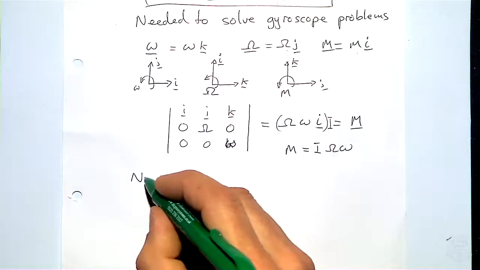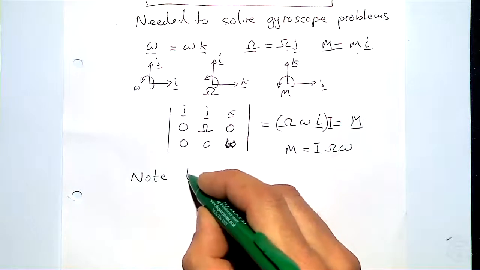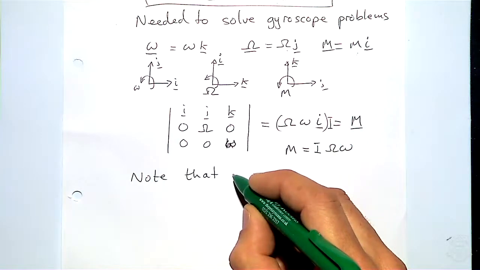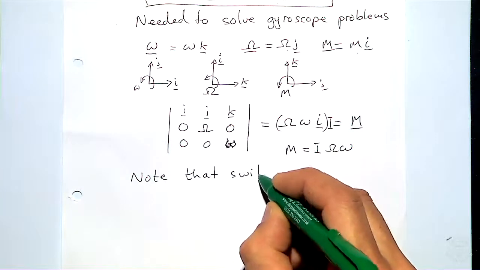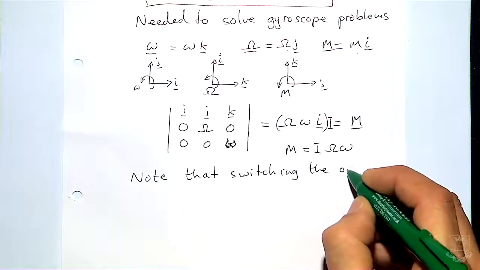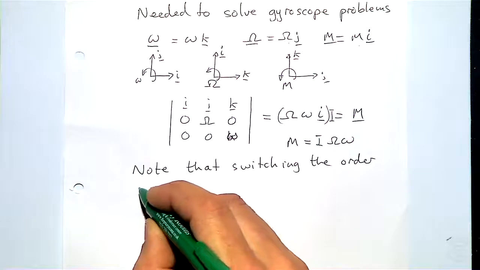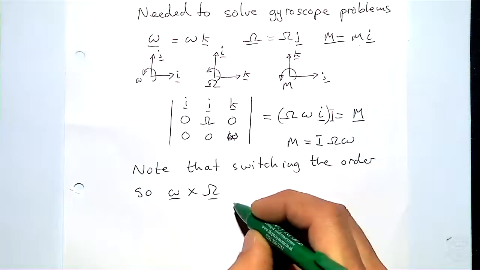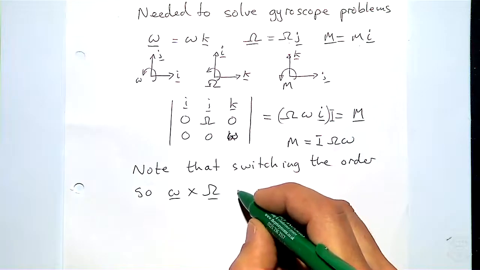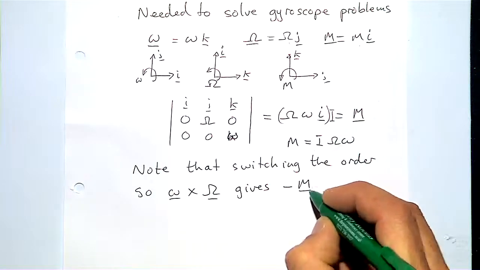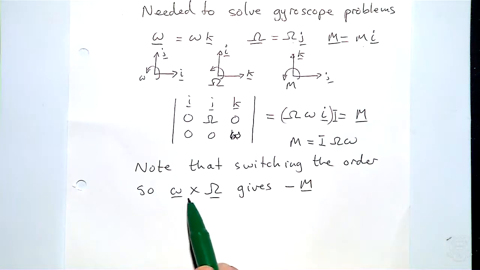So just to note what I said, switching the order, so small omega crossed with big omega gives minus M, because you end up with the cross product.